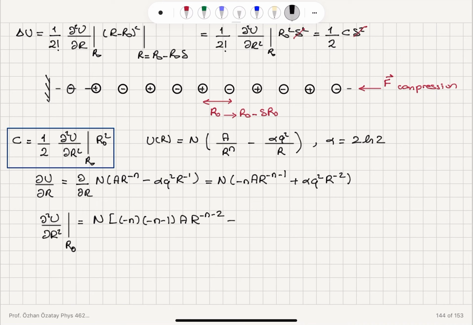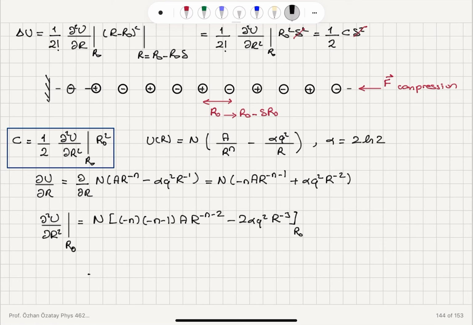Then I have minus 2 alpha q square r to the power minus 3. And this is going to be evaluated at r is equal to r0. That's what we need for C.